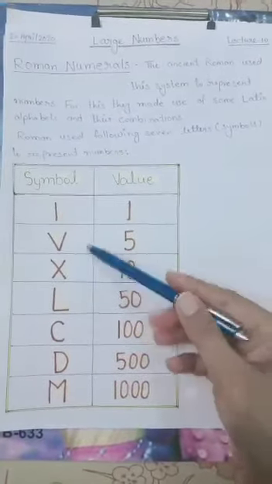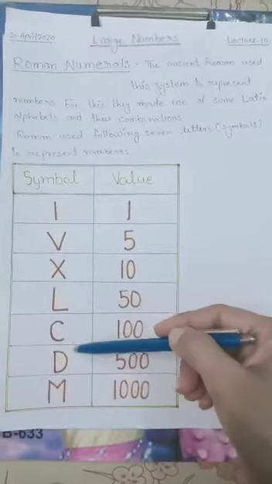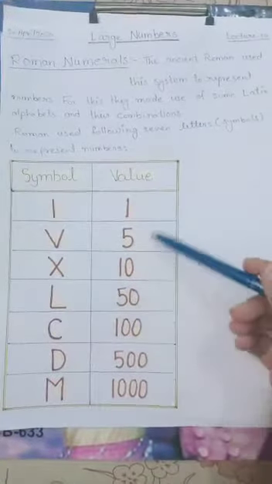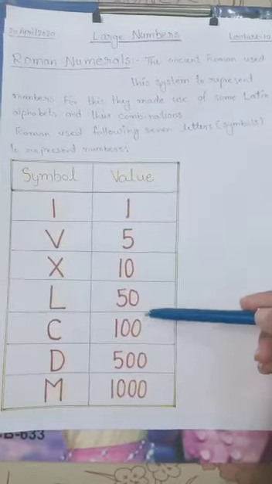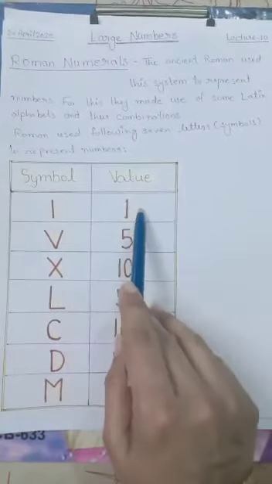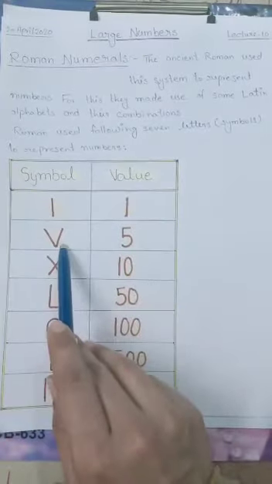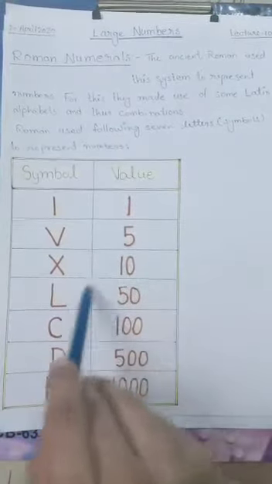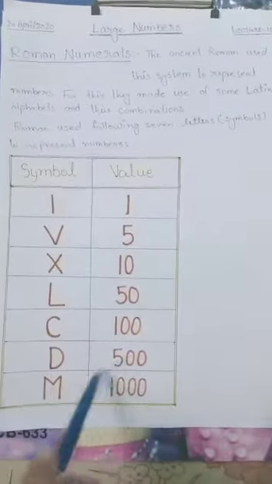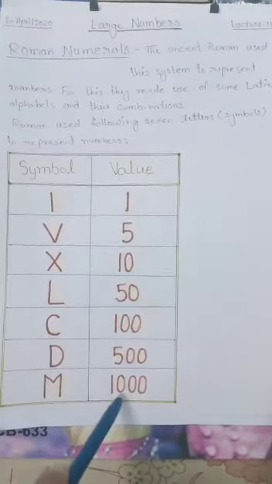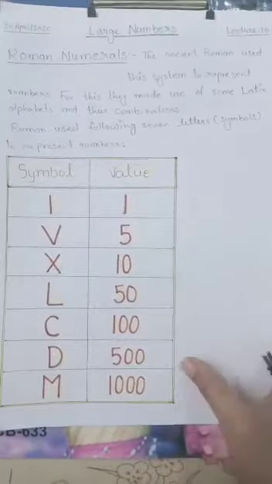These are the 7 symbols by which they represent the Hindu-Arabic numerals. This represents the number 1. This symbol represents 5. This 10, this 50, this is used for 100, this is used for 500, and this is used for 1000.